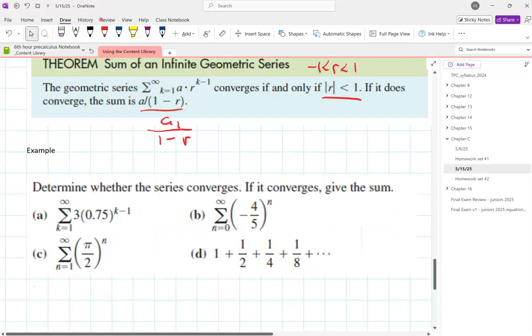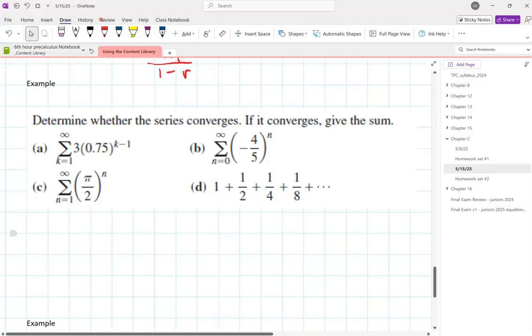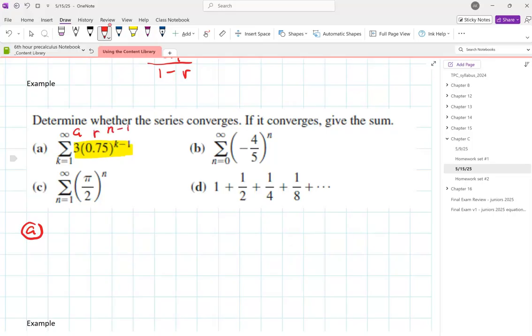Okay. So let's look at a couple of examples here. So if I look at my first example, this is the form for a geometric sequence, right? So I can tell the R there is just 0.75. That's enough to say that we converge, since it's between -1 and +1.